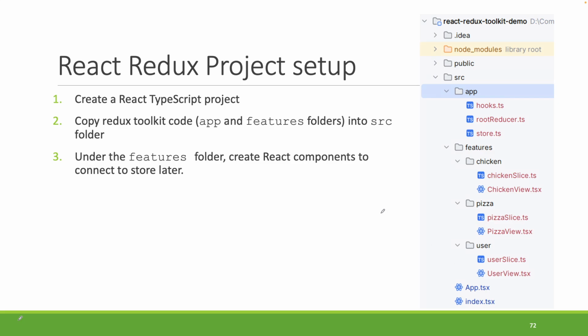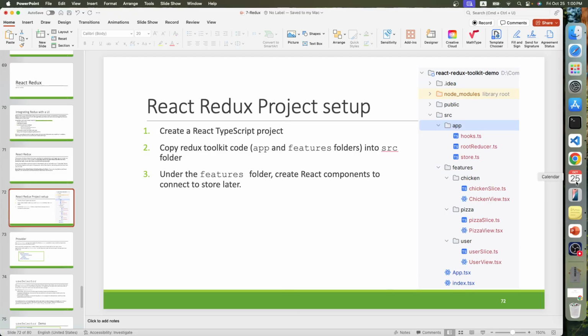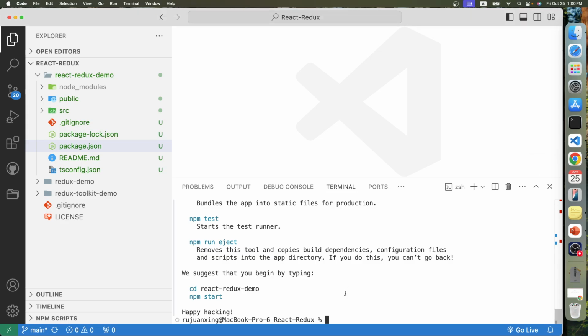To create a project, you create a TypeScript project, and it takes very long, okay, because you have to download lots of packages. Because I'm using create React app, I already created it here. The command I executed is this one: npx create-react-app, and this is our project name, and for the template I use TypeScript, because we are using TypeScript.